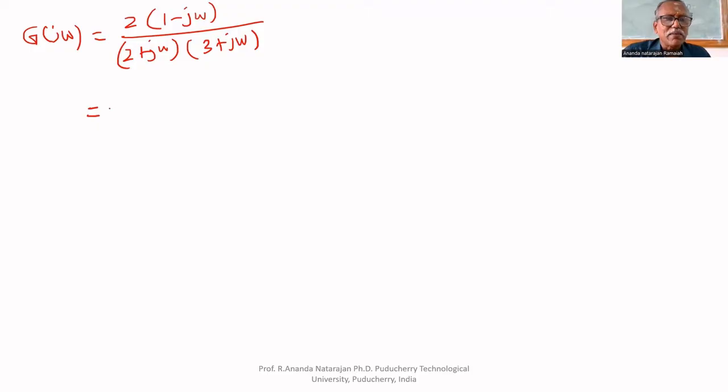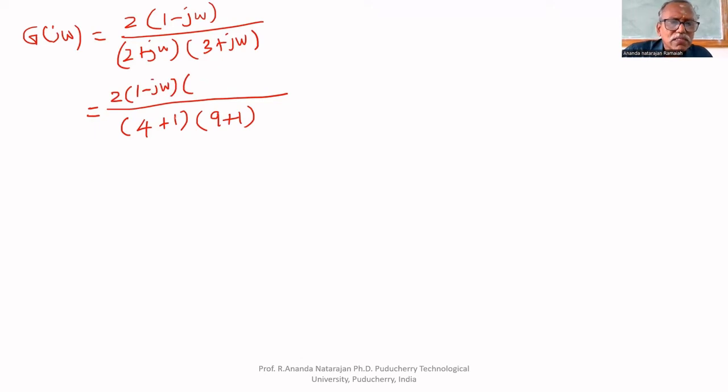In the denominator you will get 2 square plus omega square and 3 square plus omega square, that is 4 plus omega square and 9 plus omega square. In the numerator you will get 2 multiplied by 1 minus j omega multiplied by the complex conjugate of the denominator, 2 minus j omega multiplied by 3 minus j omega.